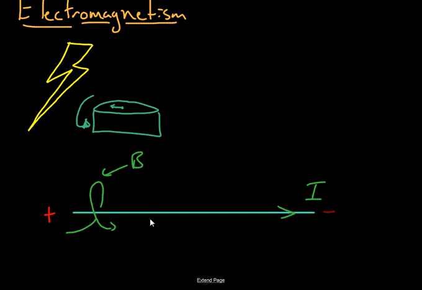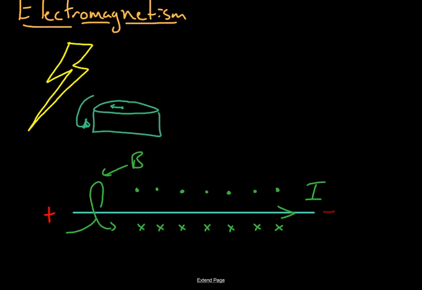So imagine the wire's laying on the piece of paper, then what you would see is the magnetic field is pointing away from you below, okay? So pointing away is going to be represented by little X's, and coming towards you is going to be represented by little dots. So it's like we've sliced this field right in half, and we're looking at a cross section from the side of it, okay?